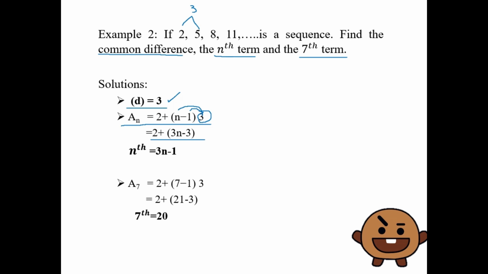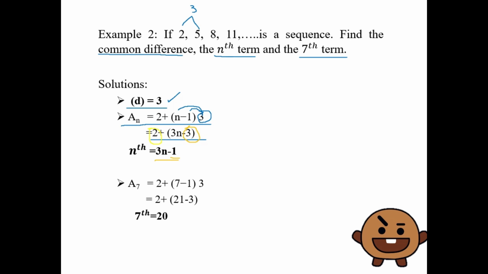So you have it there as a sub n is equal to 2 plus 3n minus 3. After that, we simplify. We are combining the constant number 2 and the constant number negative 3. 2 minus 3 is negative 1. And then we bring down 3n. Therefore, the nth term is equal to 3n minus 1.